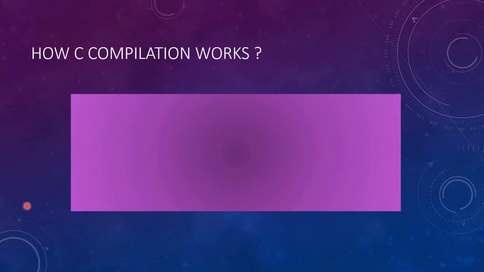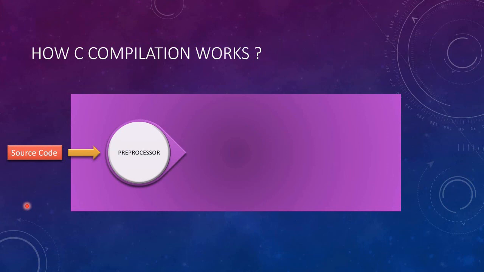Okay, now we will see how C compilation actually works, right? What we have written is called source code. We have written a sample C program, so it is called source code. Whatever the programmer writes is called source code. This source code will be sent to the preprocessor.